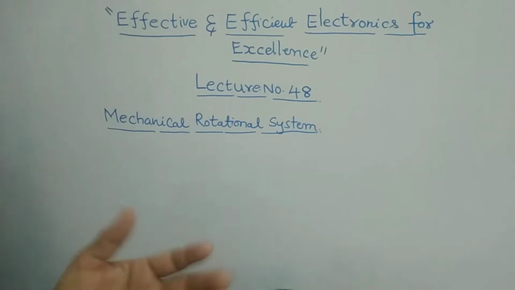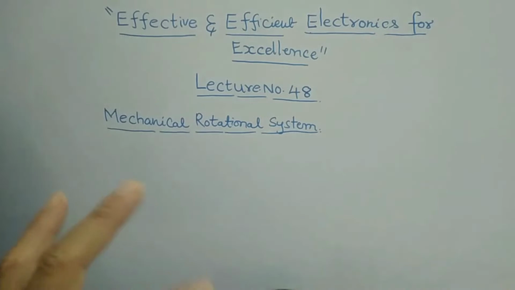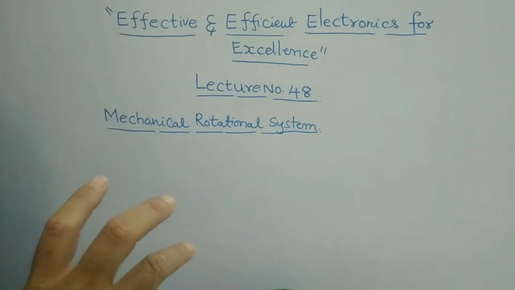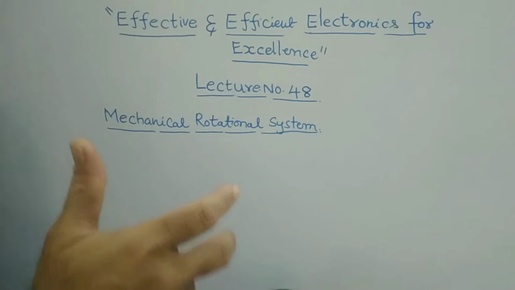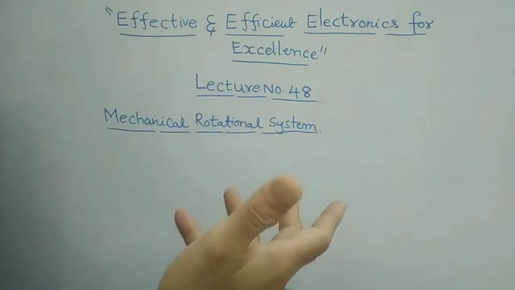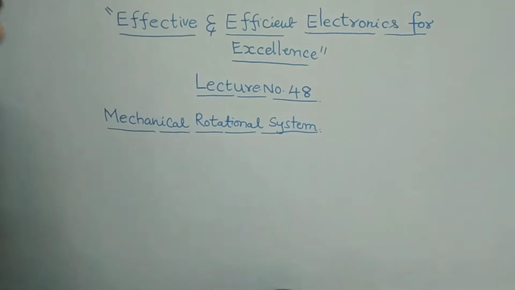Rotational means the system which rotates, like a motor, a DC generator, even a fan. These come under this category. A rotating part will be there. For that mechanical rotational system, how can we represent the corresponding equivalent electrical circuit? Now, what are the mechanical elements that are associated?